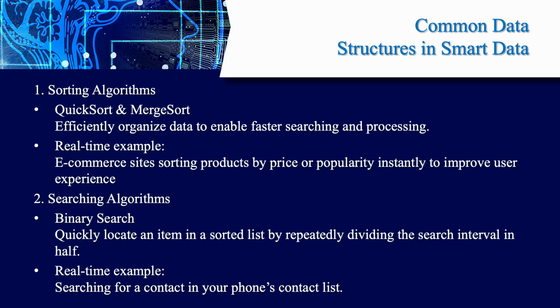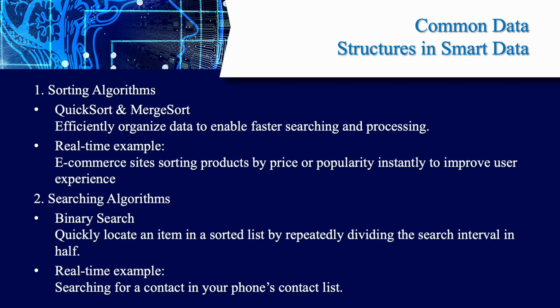Coming to common data structures in smart data, now let's look at how this all plays out in real world smart systems like the ones we use every day. If we take sorting, websites like Amazon or Flipkart deal with thousands of products.